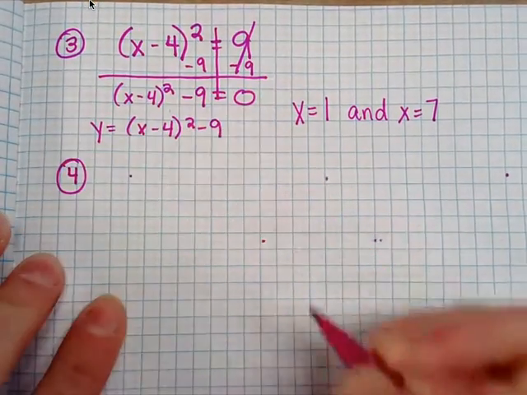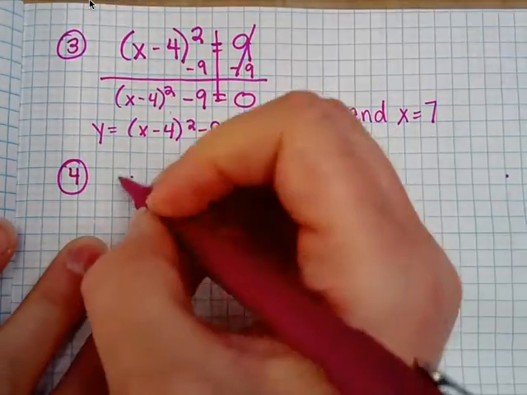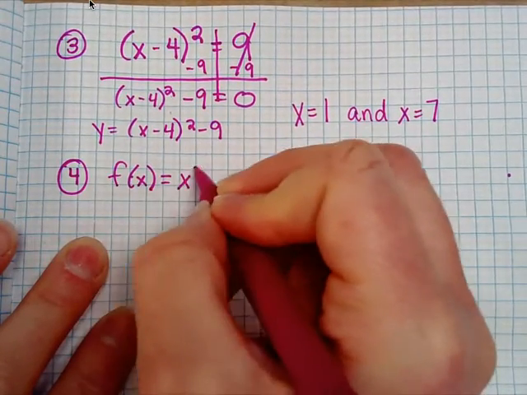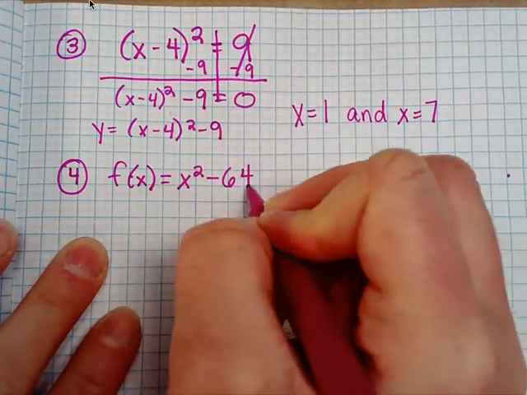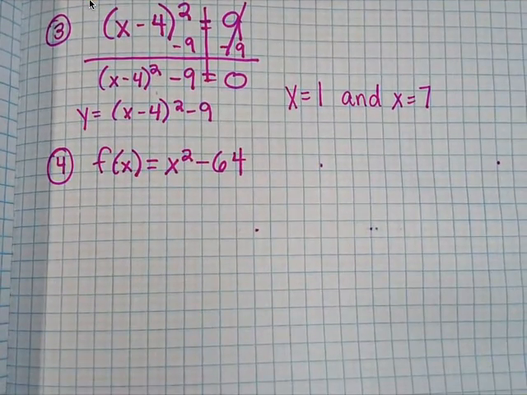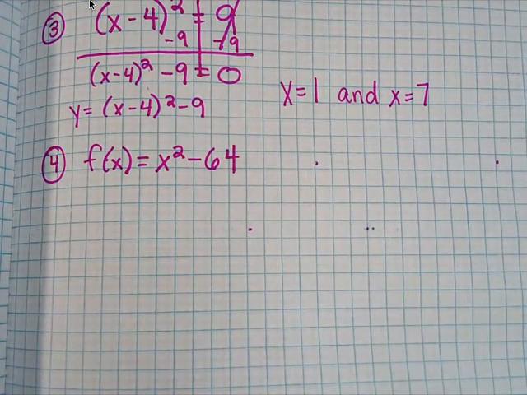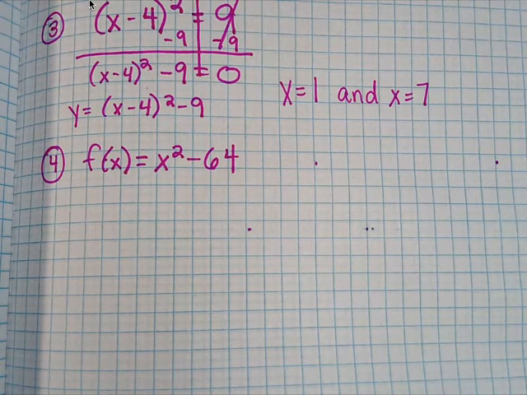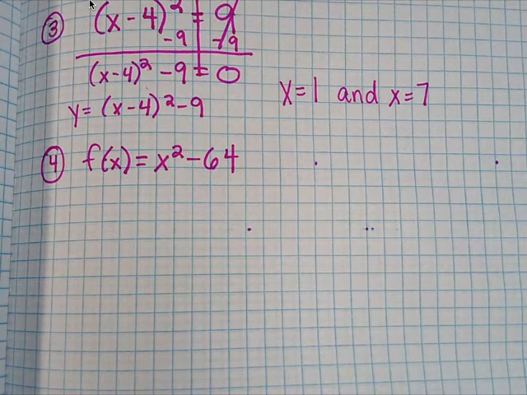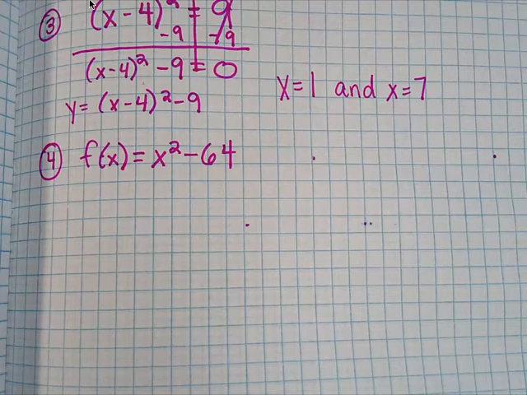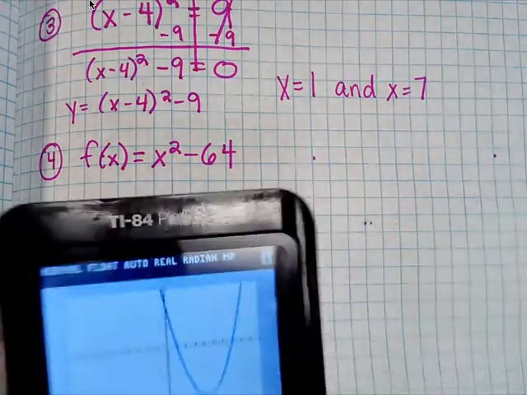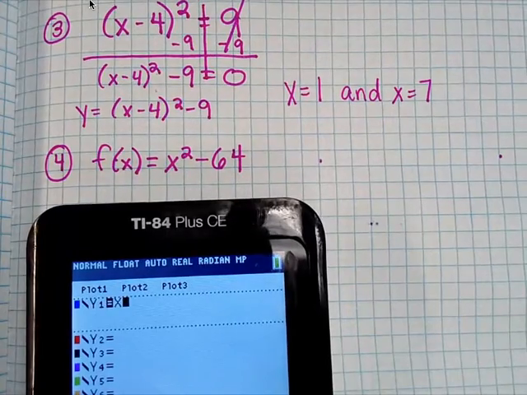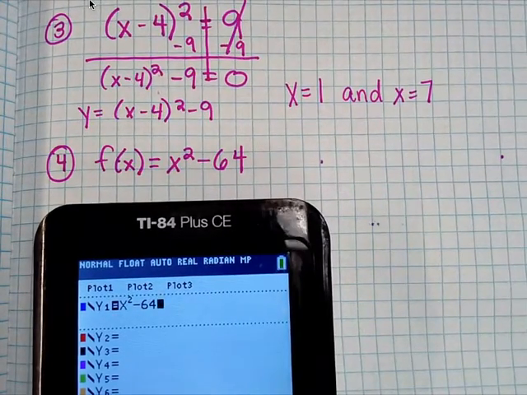We have 2 more. We have number 4 and 5. f of x equals x squared minus 64. f of x is the same thing as saying y equals. So we don't need to do anything there. Just put it in. It's already in the right format.